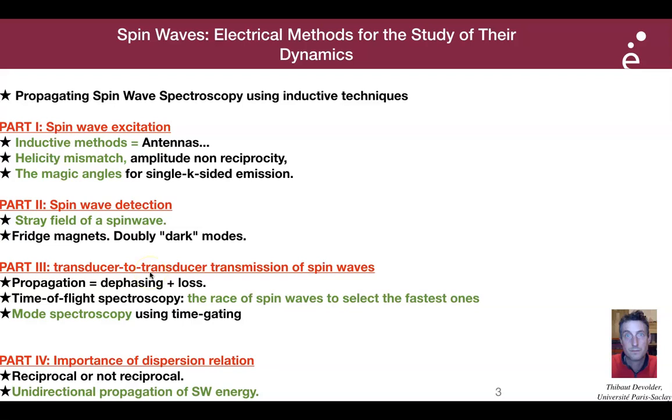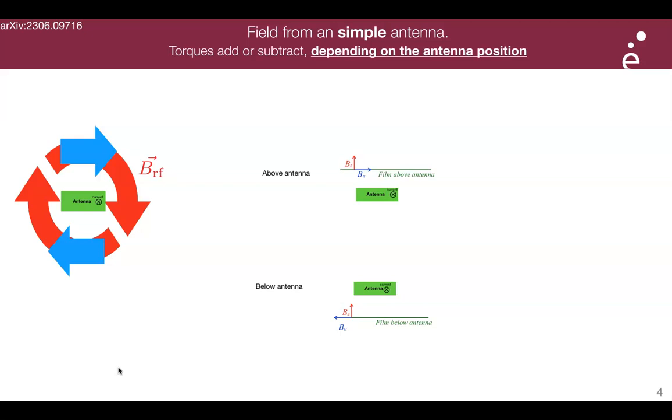Then I will try to see what happens during emission of spin waves at one antenna and collection of the spin wave at a distant antenna. So what is the effect of propagation? And finally, in the last part of my talk, I will discuss the importance of the dispersion relation of the spin waves.